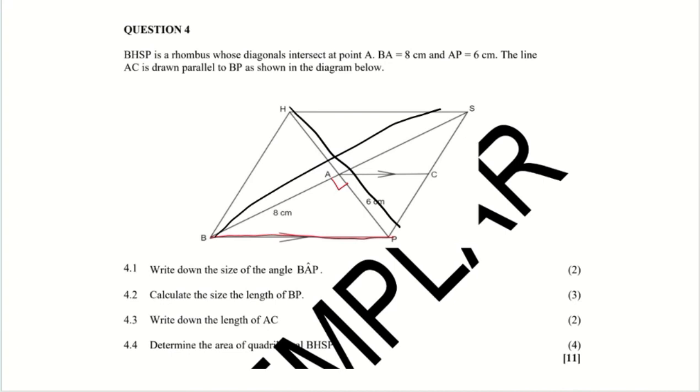We know that the diagonals of a rhombus bisect each other, meaning that they intersect halfway. So if AB is equal to 8, then AS is equal to 8 also, meaning that BS is equal to 16 centimeters. In the same way, if AP is equal to 6, then HA is also equal to 6, meaning that HP is equal to 12, right?